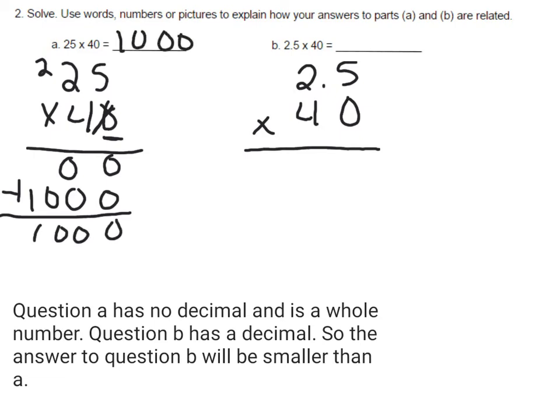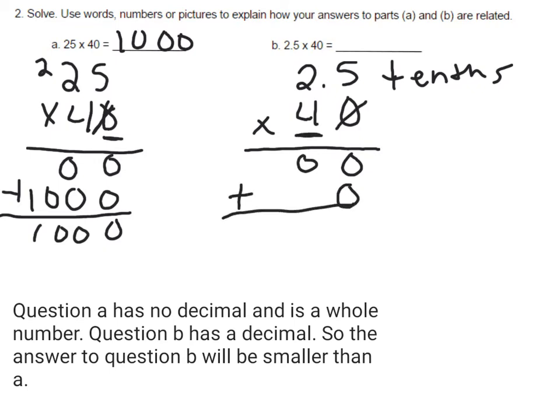Now let's look at B. Think, it's really going to be the same numbers that I'm using, isn't it? But really at the end, I have to think I'm multiplying by tenths. So that's really going to be a factor that my answer is going to be different than A. So 0 times 5 is 0. 0 times 2 is 0. Adding on my place marker because I'm moving over to my tens place. 4 times 5 is 20, carry my 2. 4 times 2 is 8, plus 2 more, 9, 10.